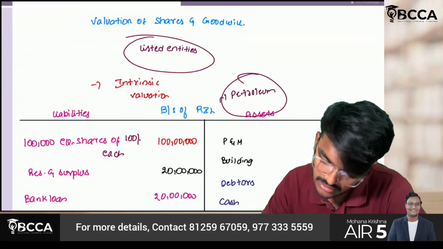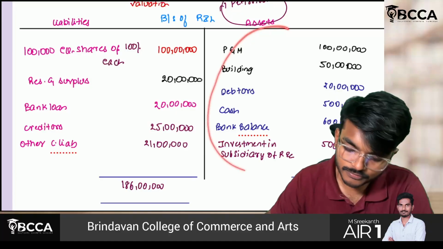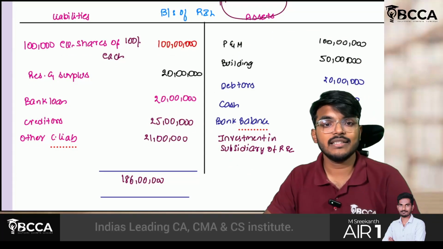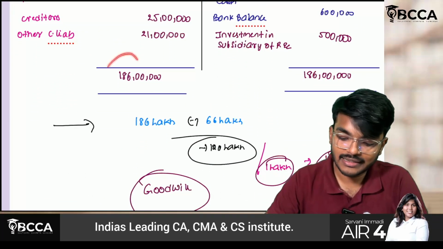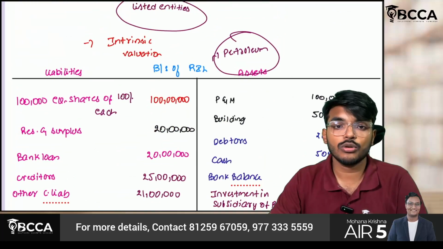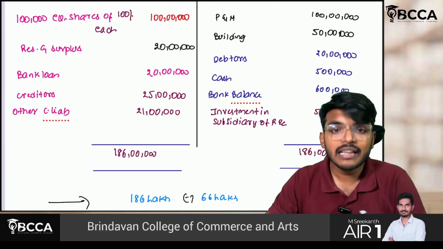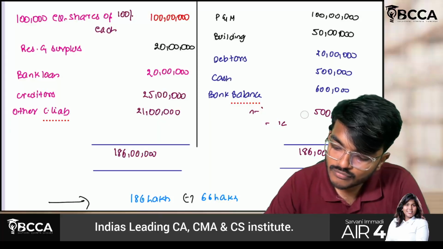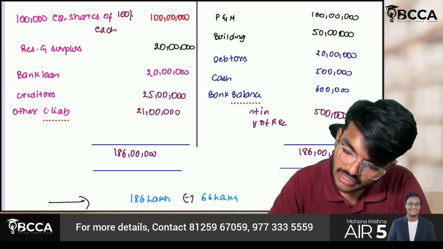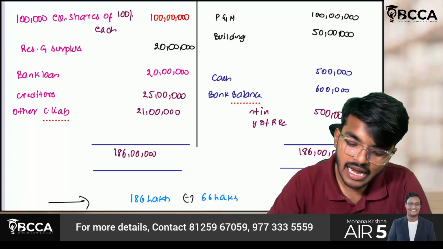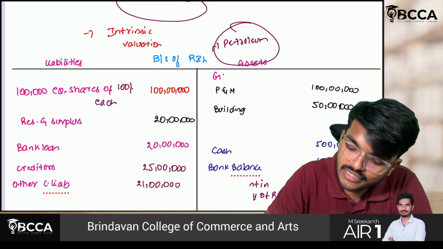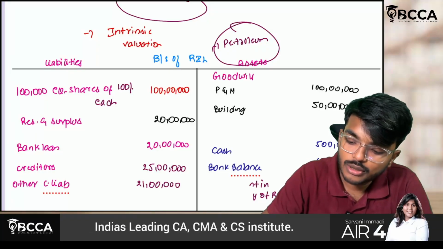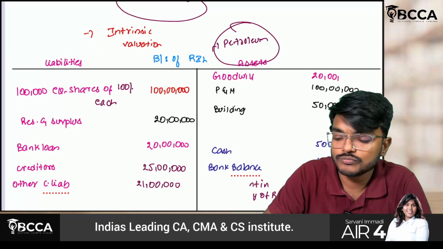Balance sheet. This balance sheet, if you remember, 180 lakh is the total of liabilities and the total of assets is also 180 lakh. Here, assume this investment in subsidiary is not there. Let me just delete this data for the time being and assume in the balance sheet they have given the goodwill figure as 20 lakh rupees.